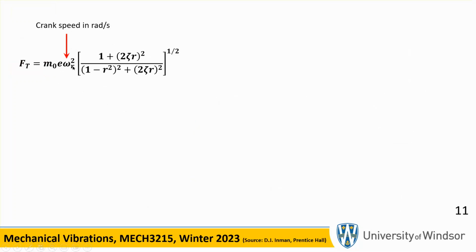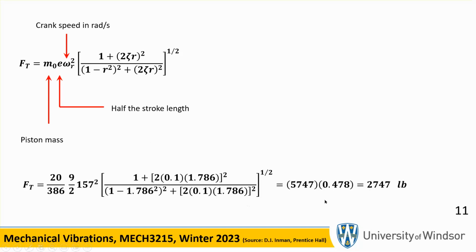This is the crank speed, you know that. This is the mass of the piston. This is half the stroke length. And you just plug it in, you're going to get 2747.